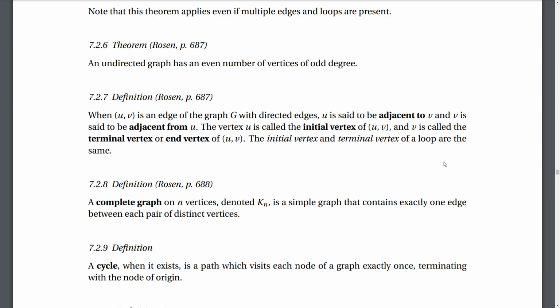Let's add vertex C to this scenario and connect B to C. Now vertex A has degree 1, formed by the edge connecting it to vertex B. Vertex B has degree 2 because it's connected by one edge to vertex A and by another edge to vertex C. And vertex C has degree 1. So even with three vertices, there are two vertices with an odd degree, with degree 1.